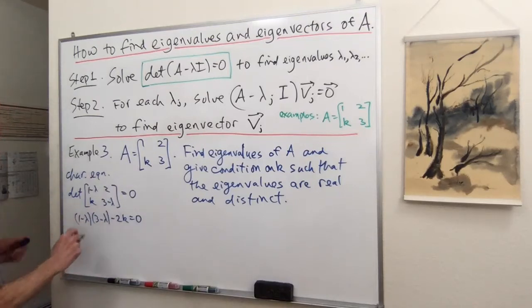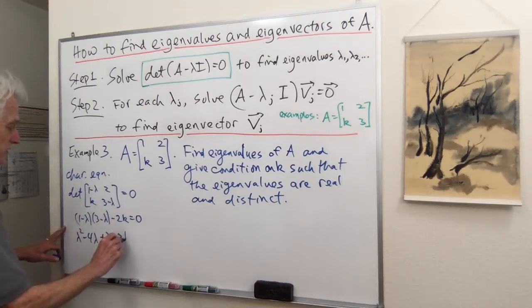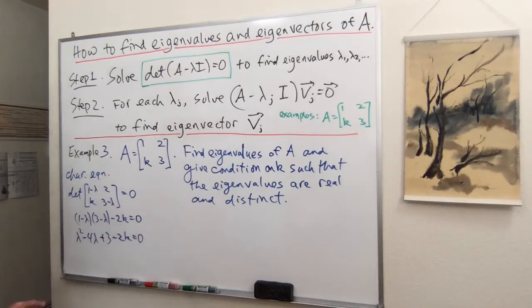So if I FOIL it, last is lambda squared. Outer and inner together gives me, we did this last time, minus 4 lambda. The first term is plus 3. And then I get minus 2k is 0.